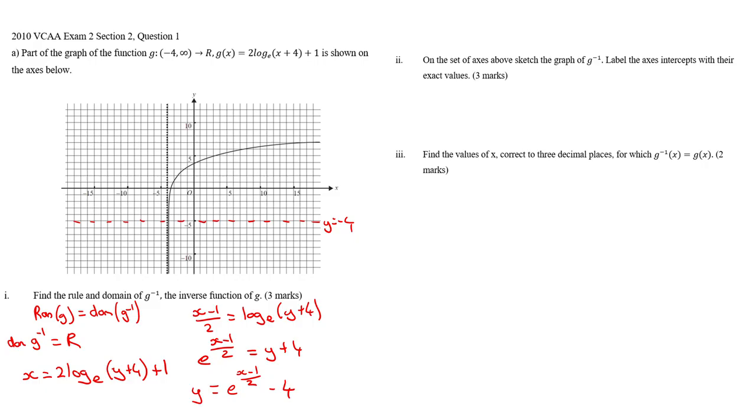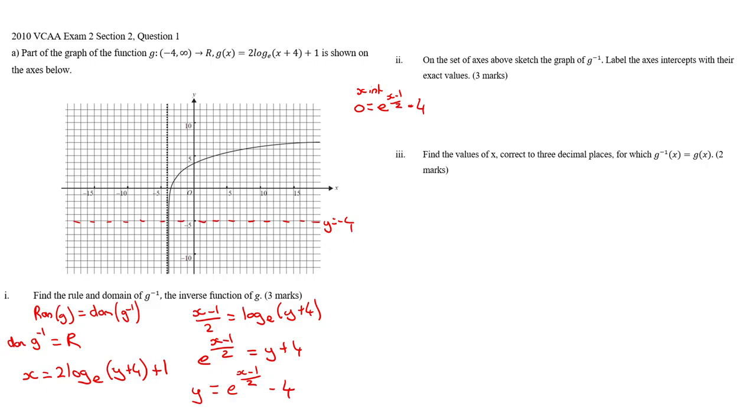The next thing, we need to find out our x-intercept and our y-intercept. So for the x-intercept of our inverse, we just need to make y equal 0. So if y equals 0, I've got 0 is equal to e to the power of (x minus 1) over 2, take away 4.